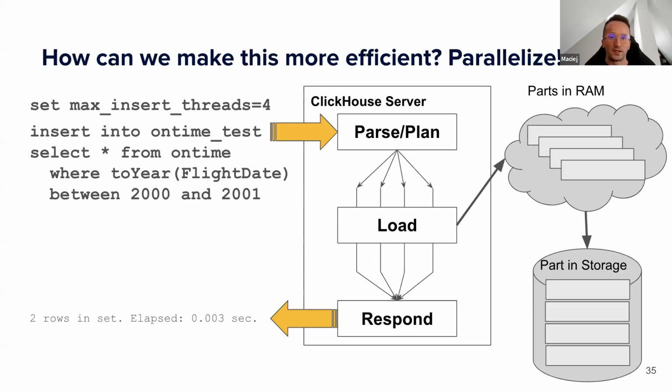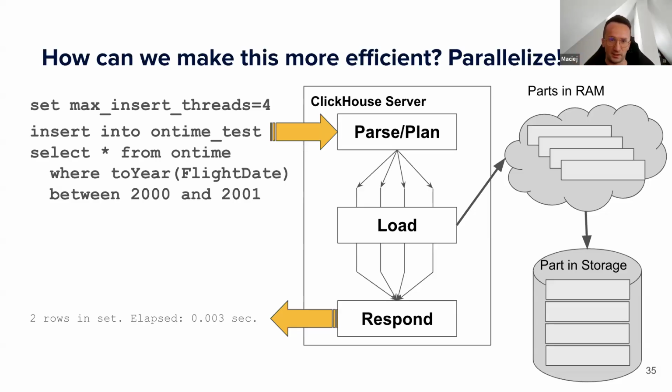that insert into format was a pretty simple query. So what we want to do is to parallelize the process in order to execute it faster. ClickHouse has a setting, max_insert_threads, which tells ClickHouse how many threads to use when performing the insert.